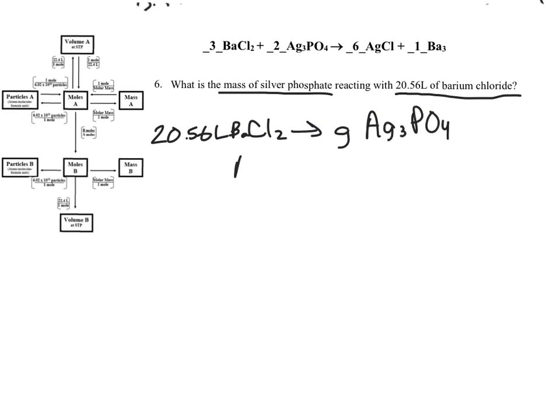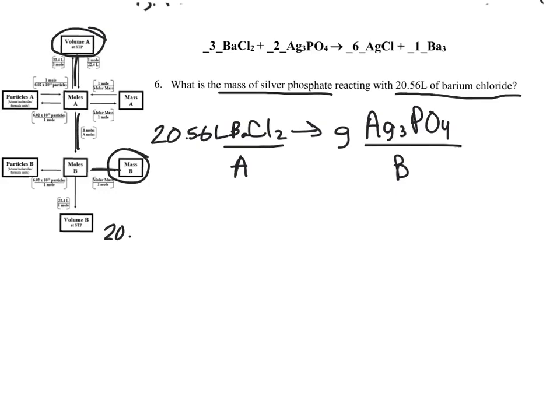Okay? That means I have barium chloride is my starting compound, and silver phosphate is my ending compound. If I'm going to start with liters of A, that's going to be in volume, and if I'm going to end in mass of B, that's going to be grams of B, which is going to get me 1, 2, 3 steps. All right, let's do it.